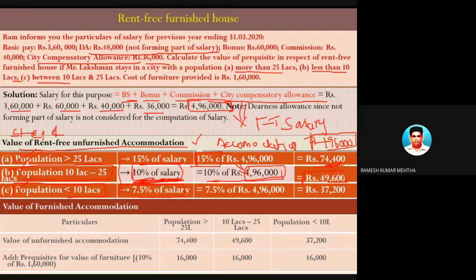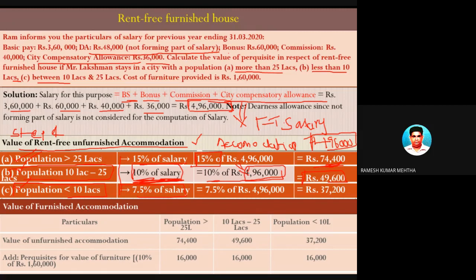Third condition, where the population is less than 10 lakhs. Case 3 is if the employer is providing to the employee accommodation in a place or a city or a town where the population is less than 10 lakhs, then what is the value of this accommodation perquisite? It is popularly known that the rule for this is 7.5% of the salary.